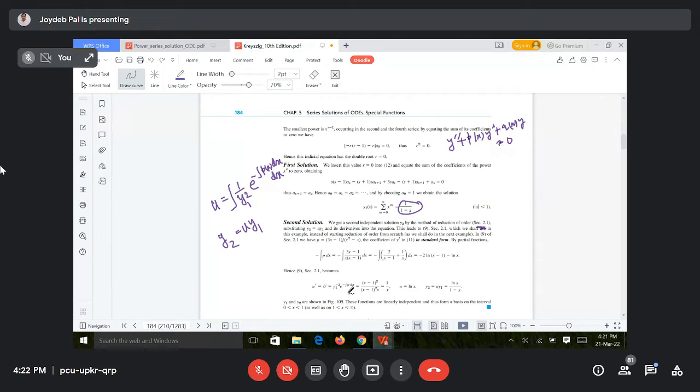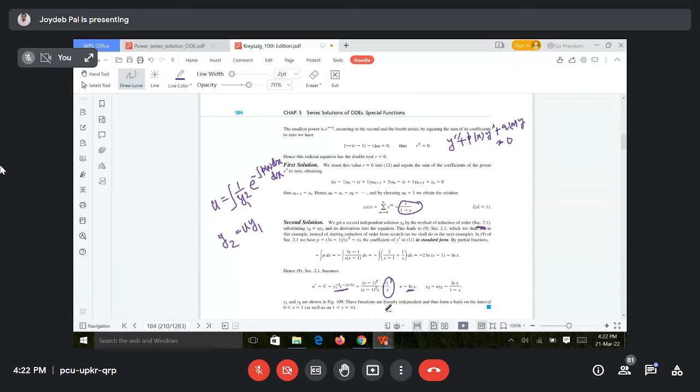So ultimately, the formula is y1 by y1 square e to the power minus integration px dx, and this simplifies to 1 by x. And u has an integration outside, so integration of 1 by x, that means ultimately it will be ln x.